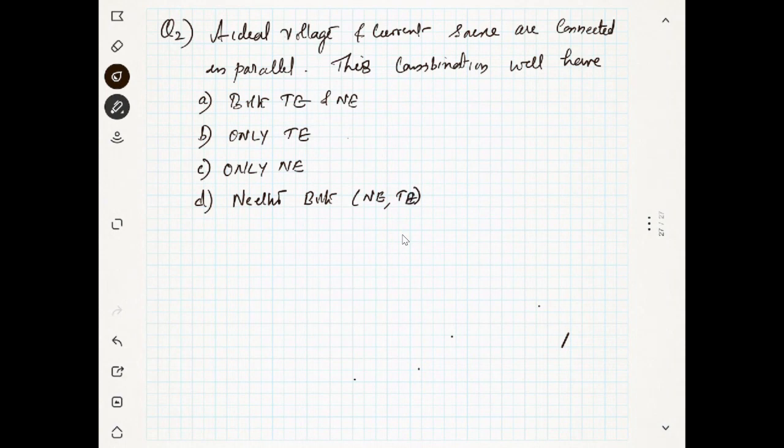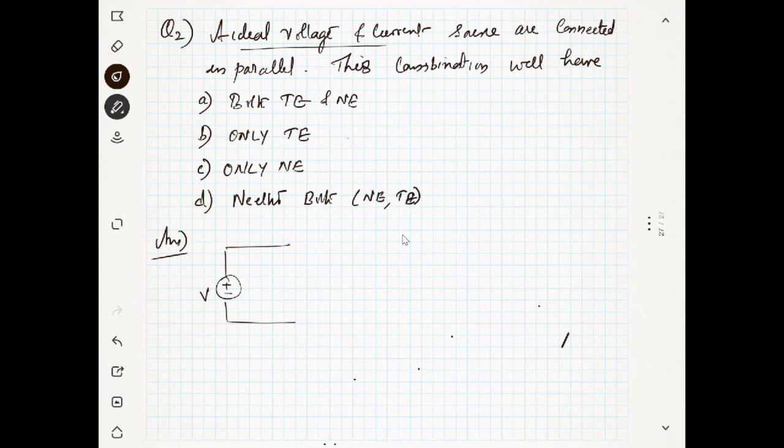It is given like an ideal voltage source. What is the speciality of an ideal voltage source? Its value will be constant. It will not change, and it has no internal resistance.